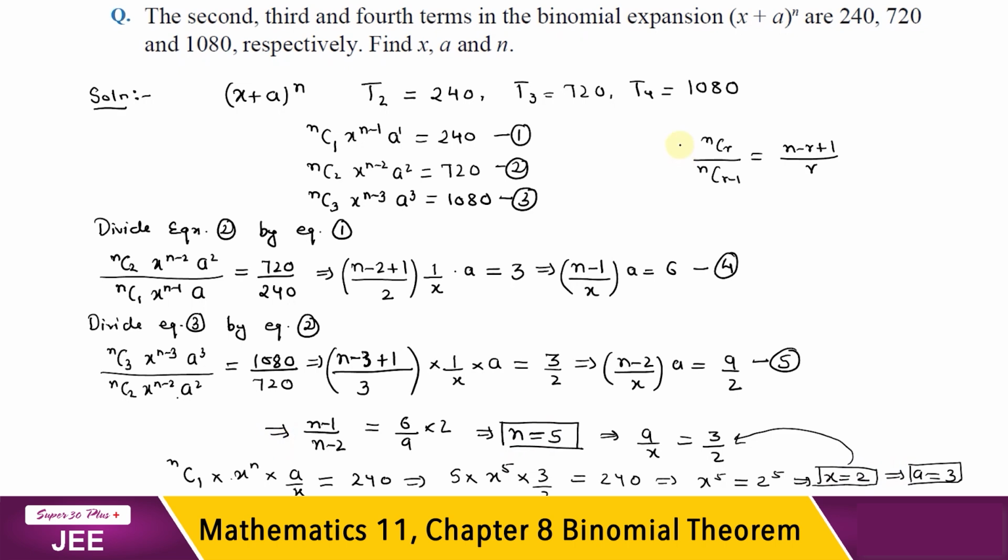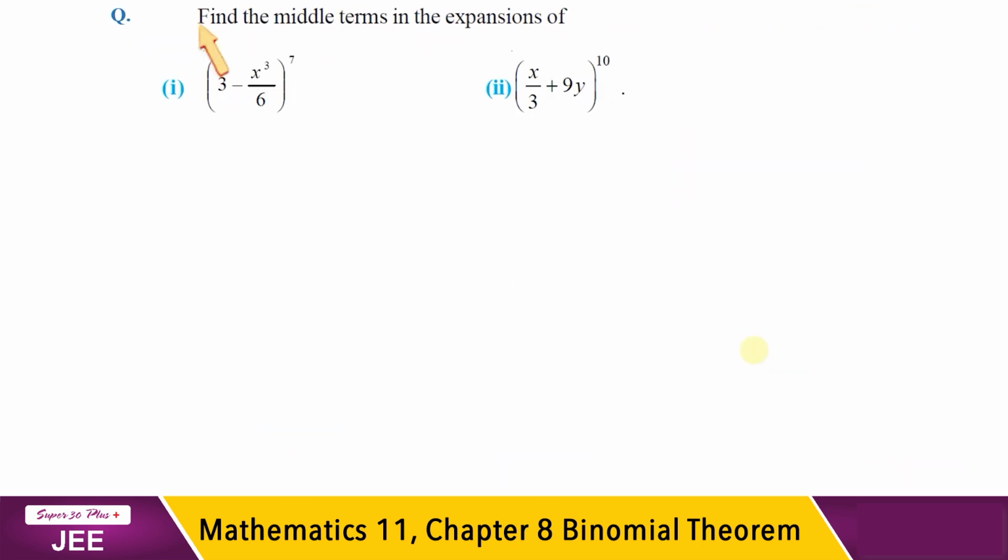Alright, I hope. Second question says, find the middle terms in the expansions of this binomial. Alright, so let's begin. In the first part, we can see that the value of n is an odd number, that is 7.